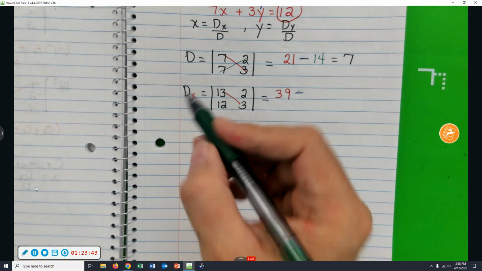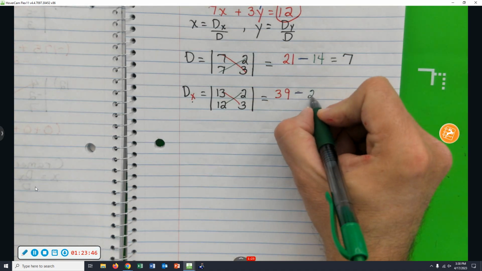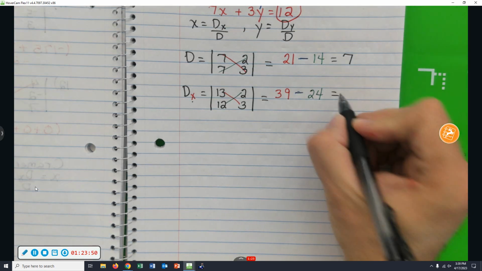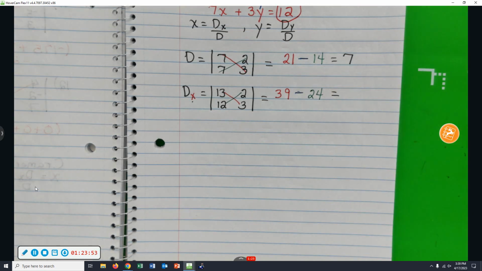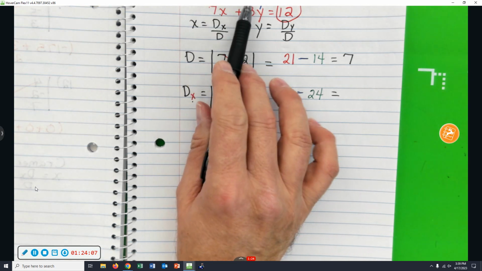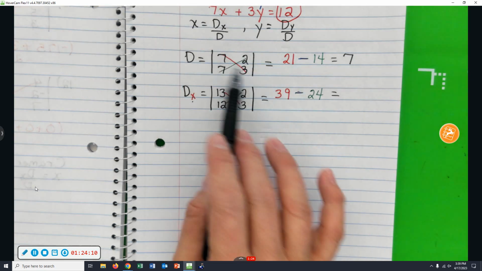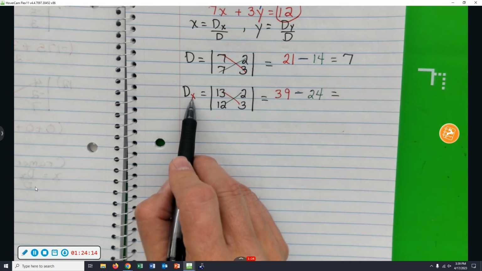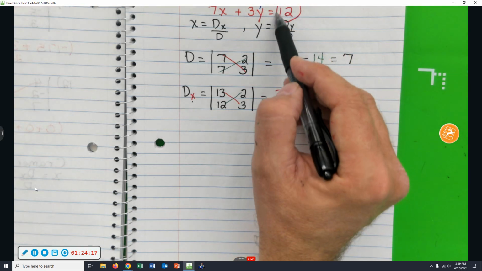So you take the 7, 2 and 7, 3, and then you write down the coefficients and do the crisscross. That gets you D. Whatever the subscript is, you replace with these numbers over here.